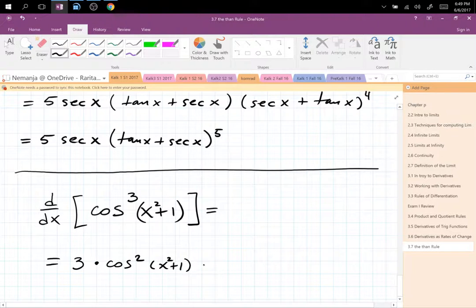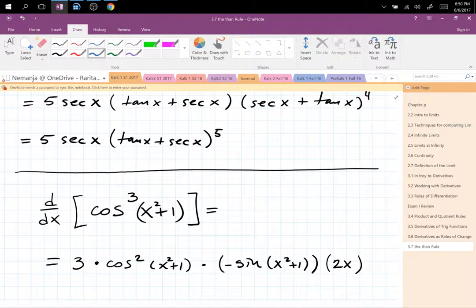Times the derivative of the inside, and that's the cosine. What's the derivative of cosine? Negative sine, and we have to keep its mess. And then times, finally, the chain. So we have 2 chains on this one.